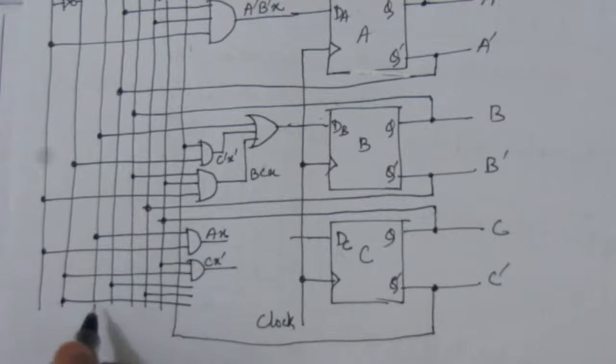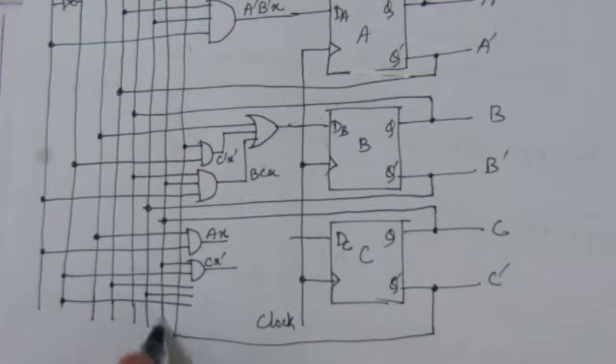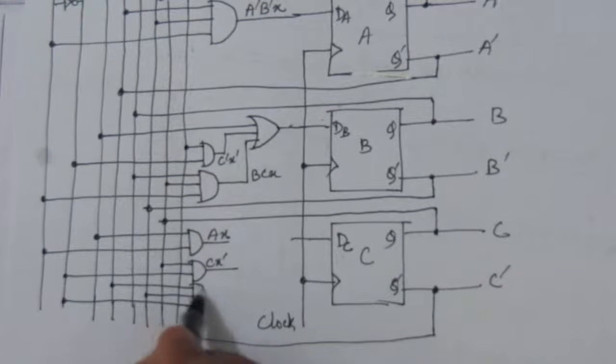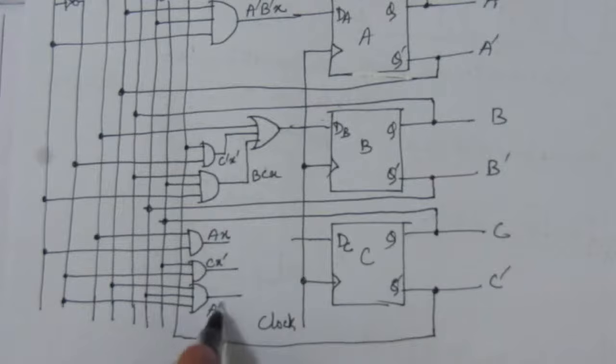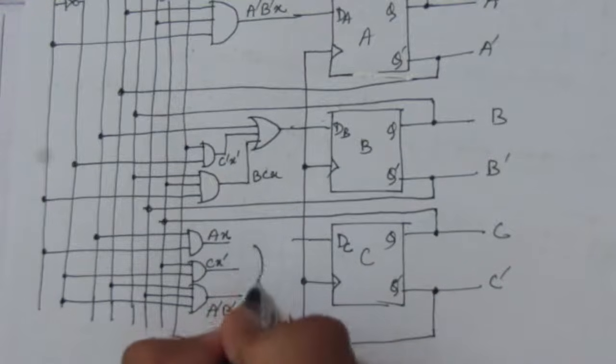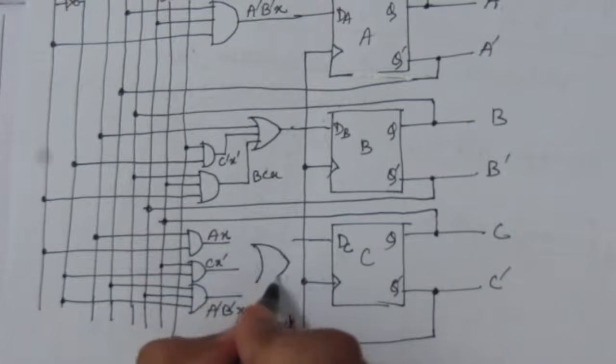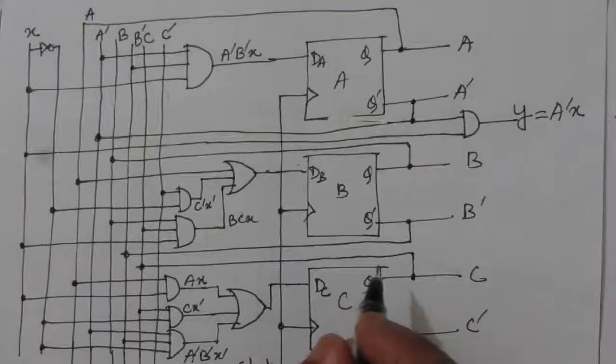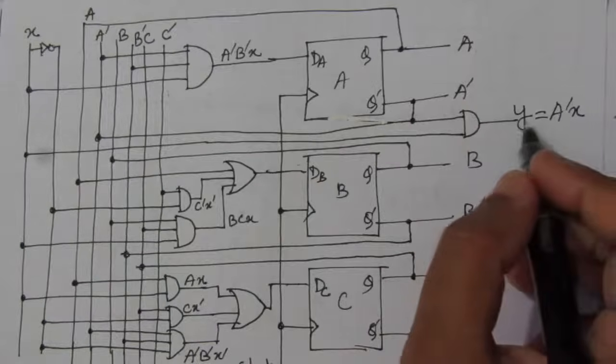So use here an AND gate, and here we'll get A bar B bar X bar. Here we have to use a 3 input OR gate, and this output will be connected to this DC input. So here we have found out y is equal to A bar X.